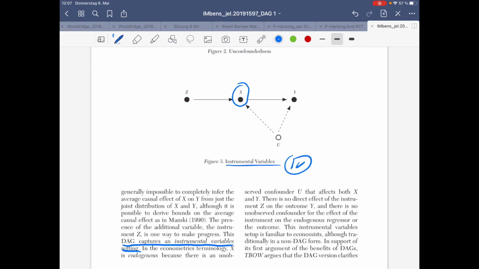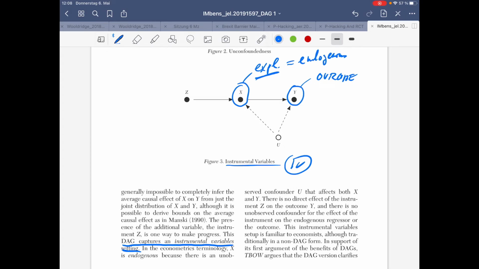So the graphical exposition makes also clear how an instrumental variable IV estimator works. So I think that's quite useful because then you can show on the one hand what is your outcome variable, and on the other hand what is your explanatory variable, and discuss, well, this explanatory variable is, and we'll see that when we go through IV, endogenous.